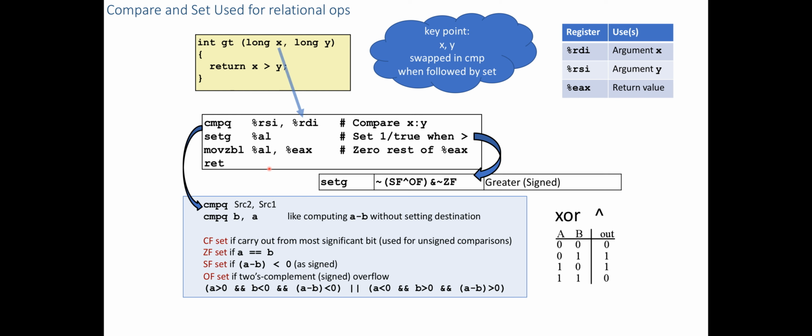And so the X is over here and the Y is over there. That is the most important thing you're going to have to remember when looking at these relational expressions. So remember this, that these two things get swapped in that compare statement.